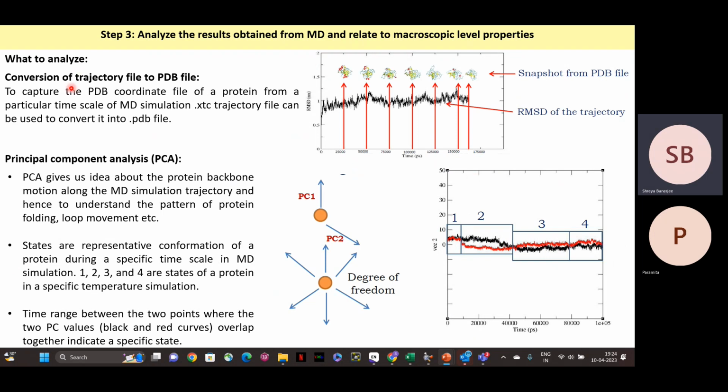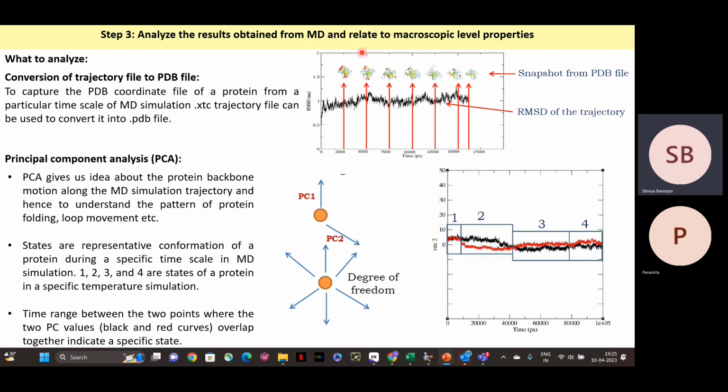Other properties can be studied, like converting a trajectory file to a PDB file. Suppose you have a trajectory like this, where you can see how the RMSD is varying with time. What can be done is that at each time, say at 25,000 picoseconds or at 5,000 picoseconds, a snapshot of that particular moment, like what is the orientation of the protein at that time, can be taken and saved as a PDB.